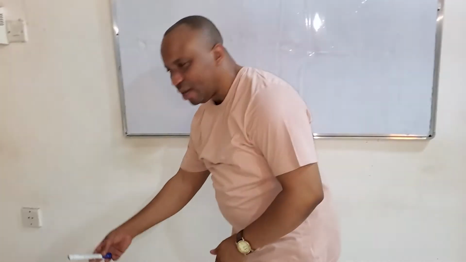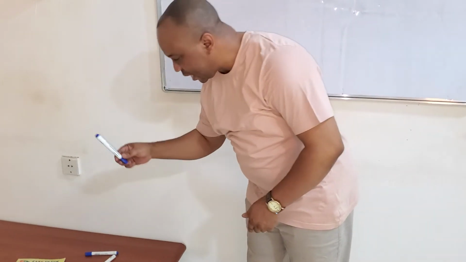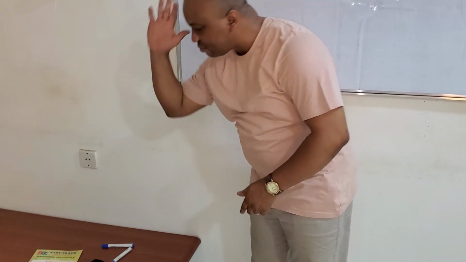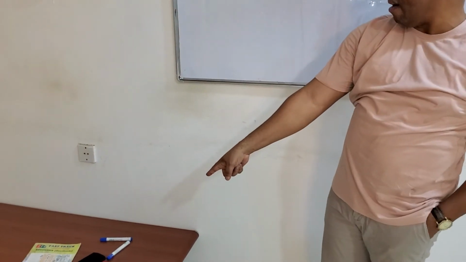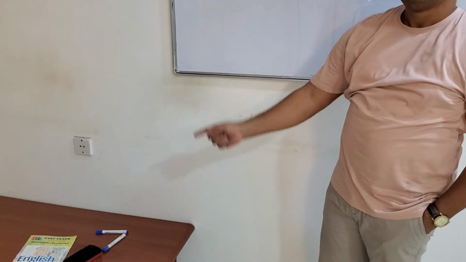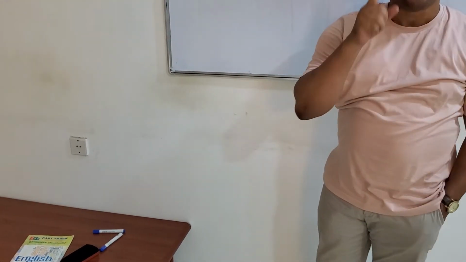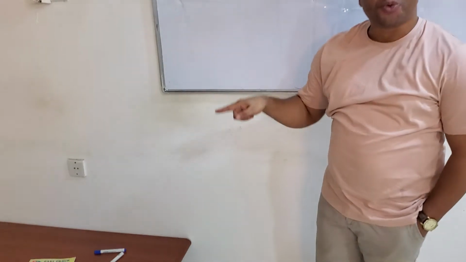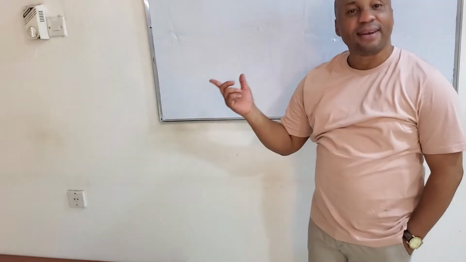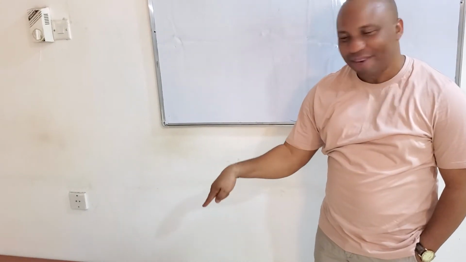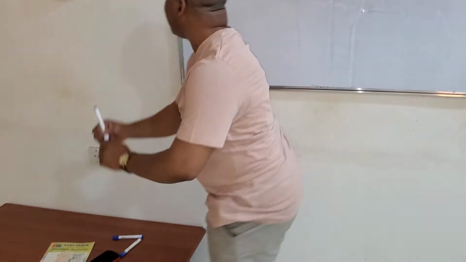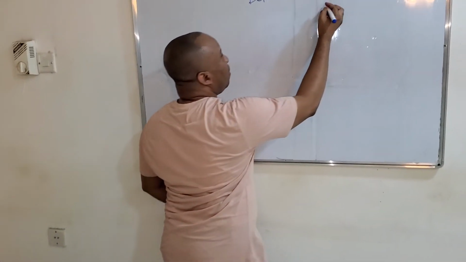Look at the table. Where is the marker? The marker is on the table. So on tells the relationship between the marker and the table. So on is a preposition.